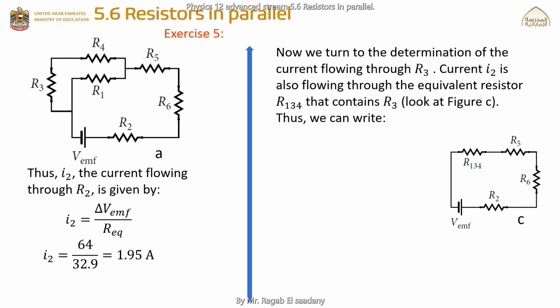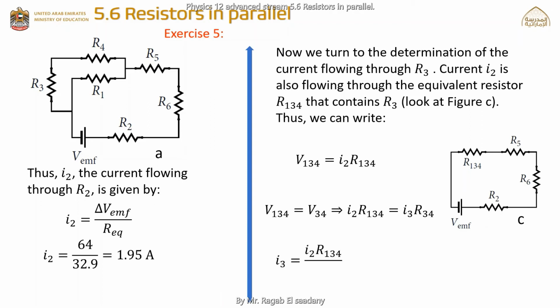Look at figure C. Thus we can write V134 equals I2 times R134, where I2 equals the total current of the battery. V134 equals V34, then I2 times R134 equals I3 times R34. So I3 equals I2 times R134 divided by R34, equals 1.95 times 6.9 divided by 16, equals 0.94 amperes.